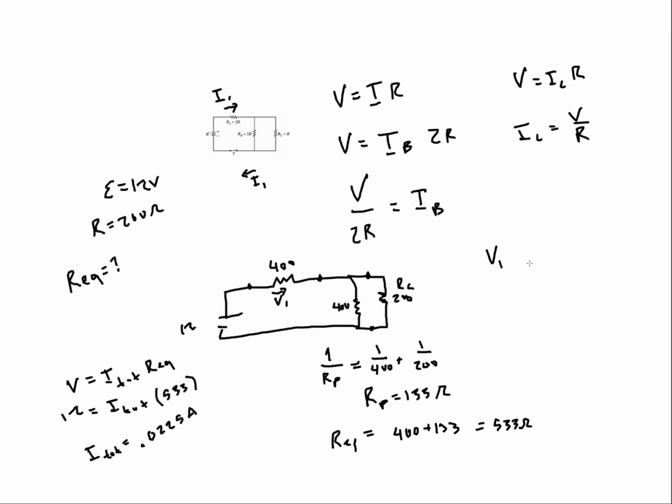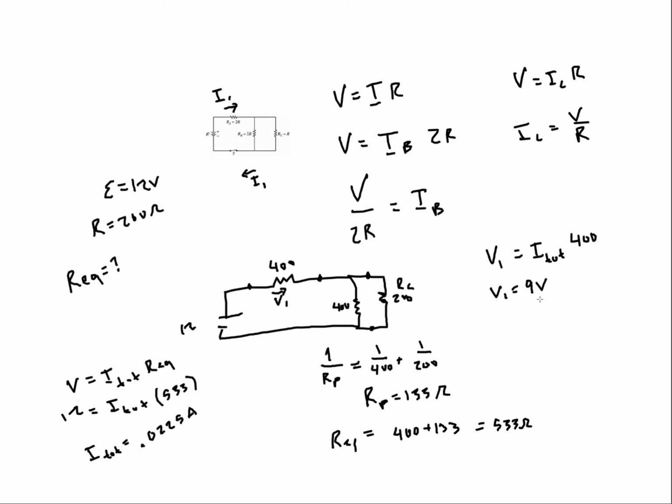V1 is equal to my current across that resistor, which is I total, times this resistance, which is 400. I know I total is 0.0225.